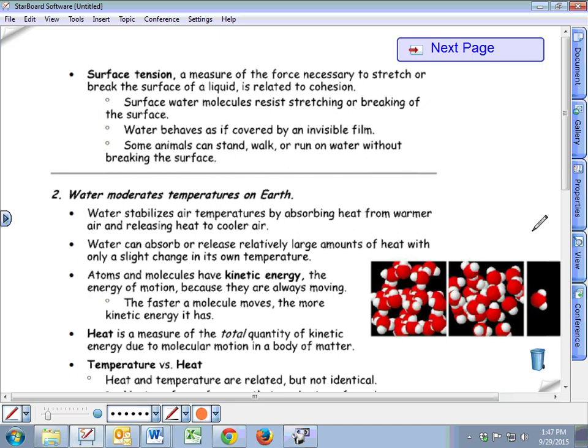Okay, so that's surface tension. The water clings to itself. Some things can be supported by that. It's a similar effect to if you've ever tried to walk in deep snow.